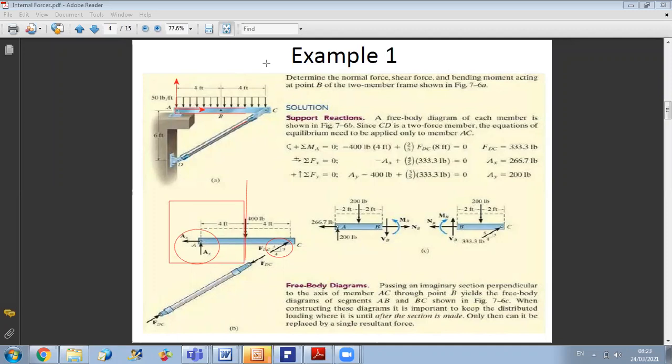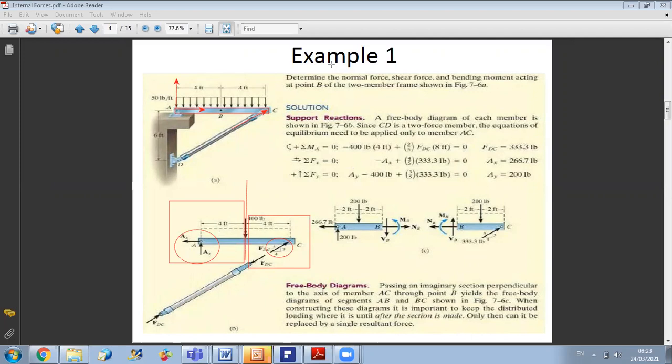And if you decide to work on the right part of the beam, then you only need FDC. So try to select the part which will minimize your calculation. Since in the right part I only need FDC, no need to get AX, AY. You can reduce your calculation by knowing previously which part you want to select.